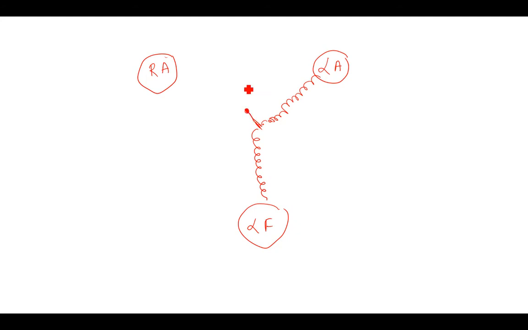And we will make another terminal that is coming from RA, and if we connect a voltmeter in between, it will constitute lead AVR. So from this diagram we can say that AVR is equal to RA minus (LA plus LF) by 2. So this is the formula for AVR.